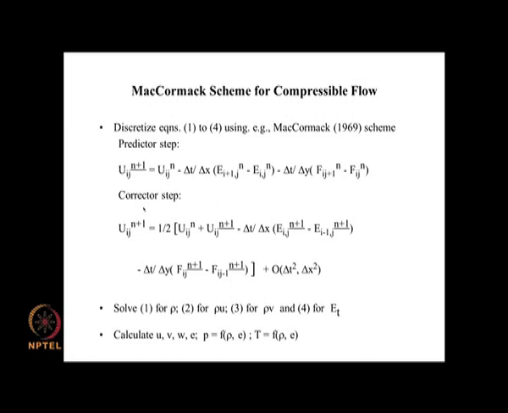Now, the corrector step is put as u_ij^(n+1), this is the value that we are actually seeking, and this is half of u_ij^n plus u_ij^(n+1 bar), the same as what we had earlier, there should be a bracket here, and minus delta t by delta x times (E_ij^(n+1 bar) minus E_(i-1,j)^(n+1 bar)).